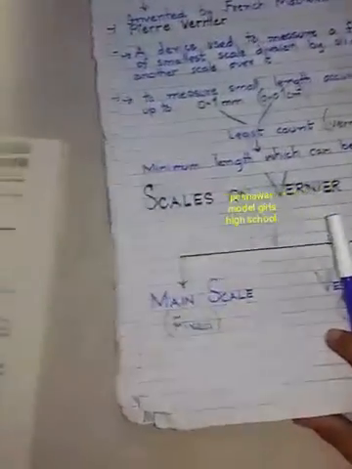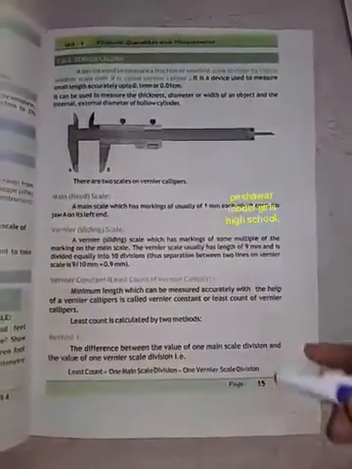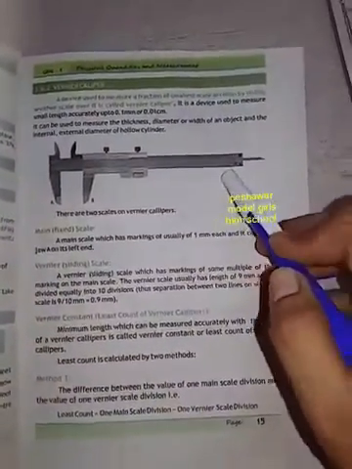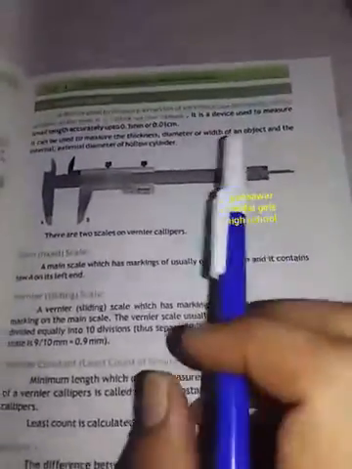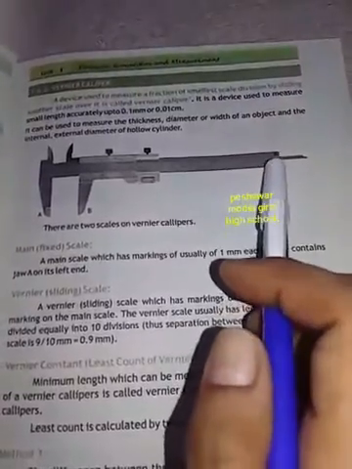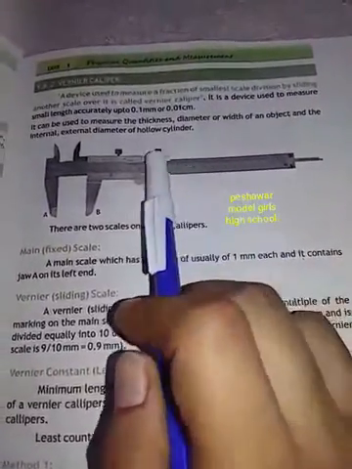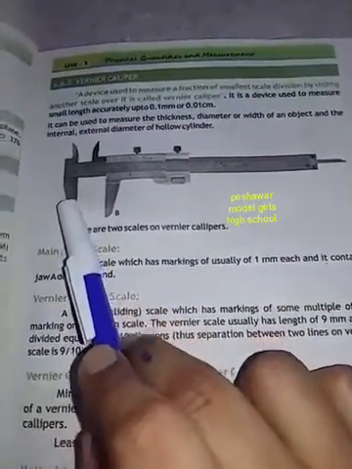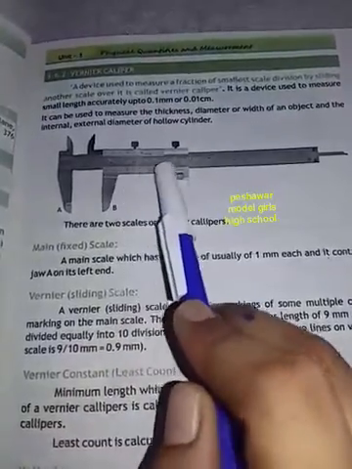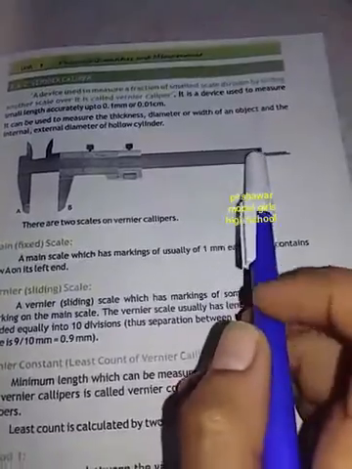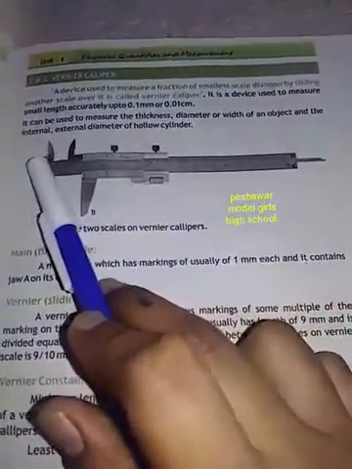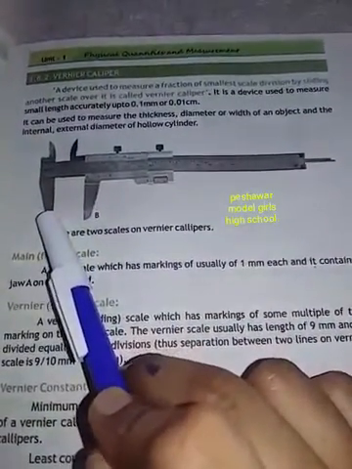Okay, girls, as you can see in the figure in your book on page number 15, this is the vernier caliper. This vernier caliper consists of a long rod with this jaw and this jaw. This part of the vernier caliper is known as the main scale.